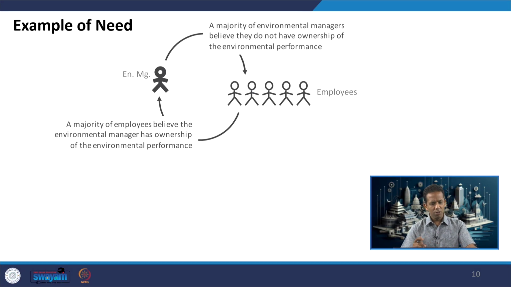The finding was that most environmental managers believed they do not have ownership of environmental performance. It is with the top management or with the employees who are actually working. And most employees believed that the manager has ownership of environmental performance. So, there was a mismatch in the perspectives of managers and employees.